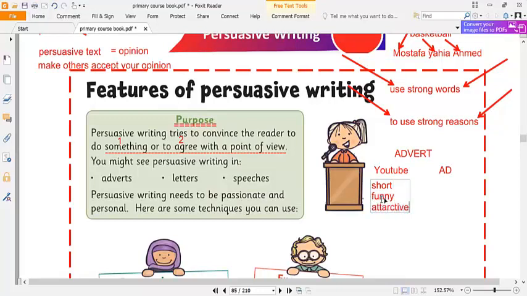It must be attractive, because if it is not attractive, you won't try to watch the advert. So adverts should be persuasive. Why is it short? Why is it funny? Why is it attractive? Because it wants to convince you. It wants to persuade you.